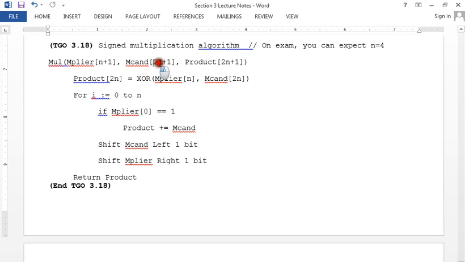And if I have a multiplicand of 2n plus 1 and I say 2n here, what does that mean? Bingo. So this step is saying the MSB of product is equal to the XOR of the MSB of multiplier and multiplicand. So before you do anything else, what this is basically saying is if I have negative 8 times 9, before I say anything else, I'm initializing that my answer is going to be negative.